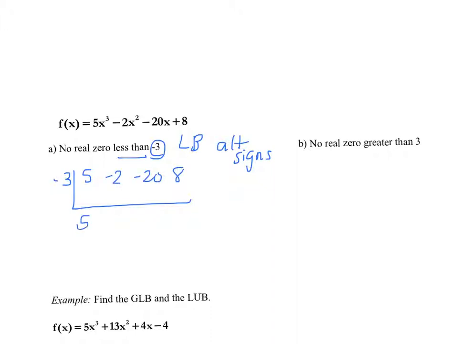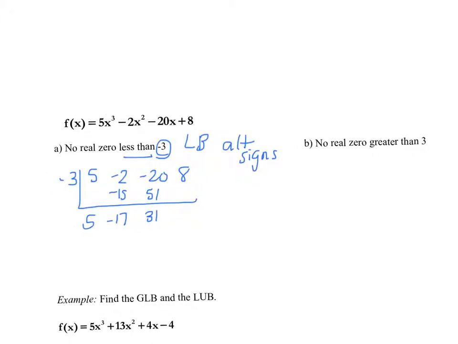And we get the following. At this point, I could draw the conclusion that yes, -3 is a lower bound because there are alternating signs in the bottom row.